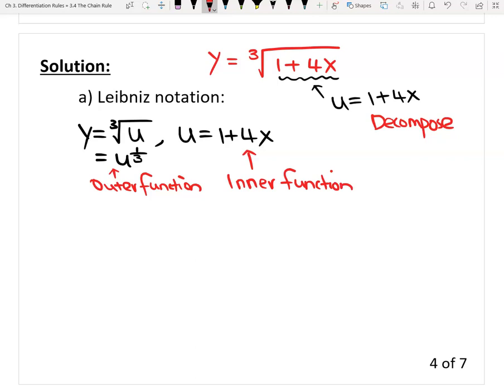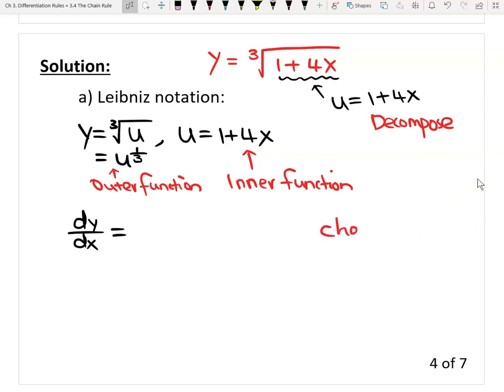That's all. So now I'm going to use the chain rule to find dy dx. Do you remember the chain rule? We already finished the first step, so now we're going to the second step, and the second step is to use the chain rule. Let me write here.